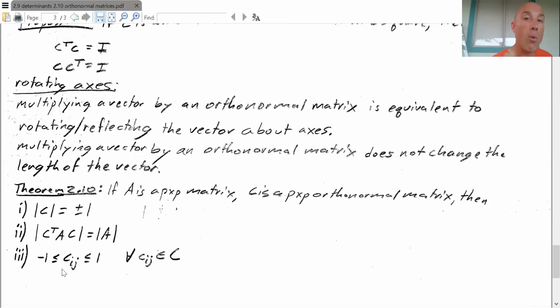Furthermore, anytime I'm dealing with an orthonormal matrix, all of the entries of that matrix are going to be between -1 and 1, assuming it's a real matrix. If you have complex numbers, we have corresponding results that deal with the magnitude, but we'll leave that for somebody else because we're keeping it real.